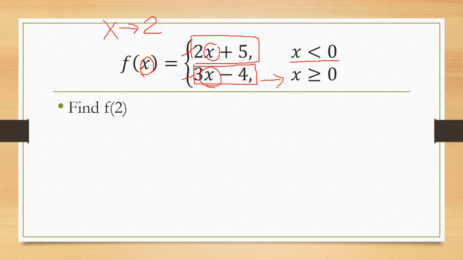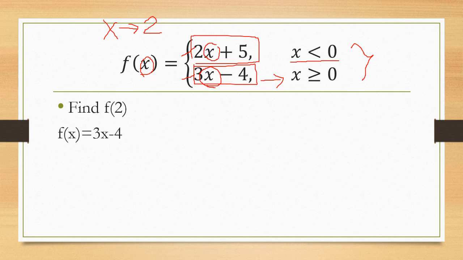Sabi natin, x is equal to 2. So, sa dalawang conditions na to, alin dyan yung valid na function? So, dapat 3x minus 4 because this is valid if x is greater than or equal to 0. In our case, 2 siya. Greater siya sa 0. So, therefore, we're going to use 3x minus 4 for our function.